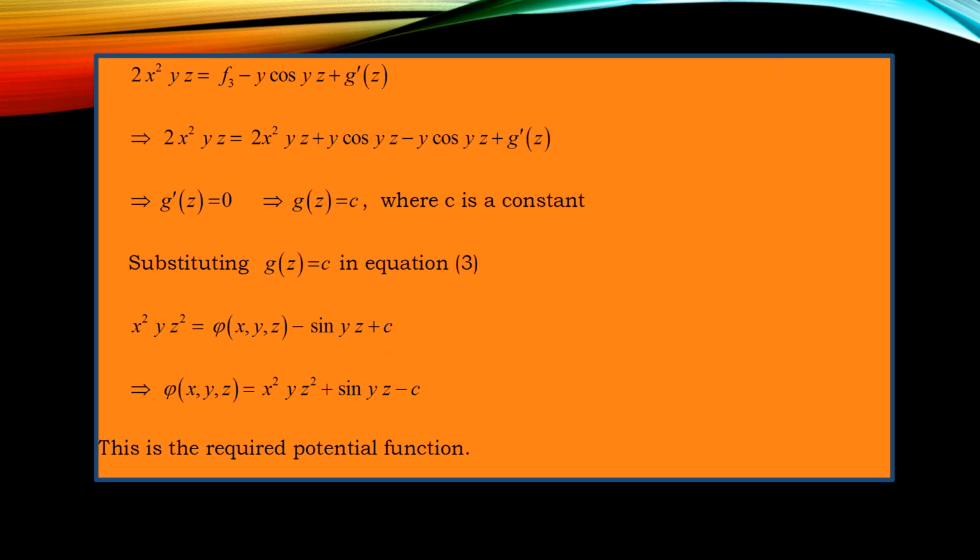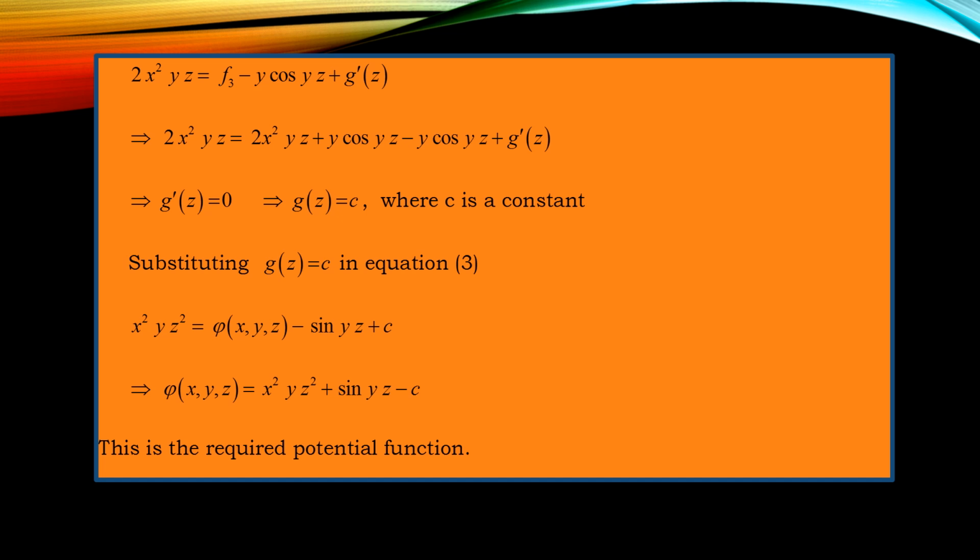Now we substitute ∂phi/∂z equals f3. Then the equation becomes 2x²yz equals f3 minus y cos yz plus g dash of z. In the place of f3, we substitute the value of f3.